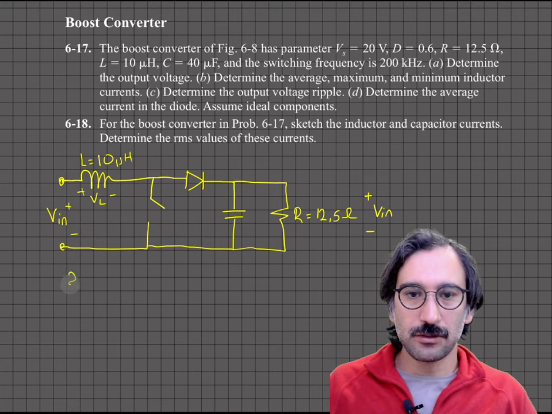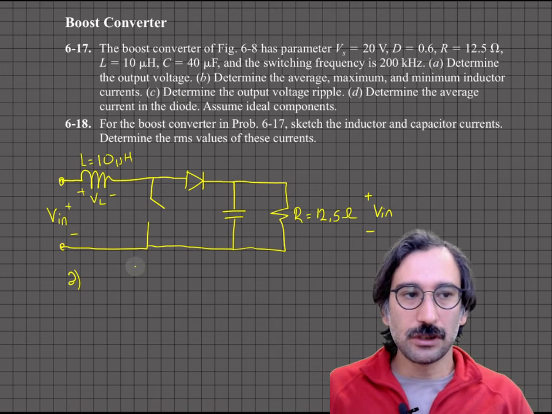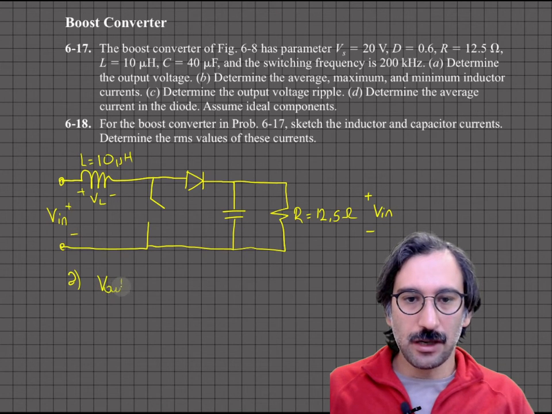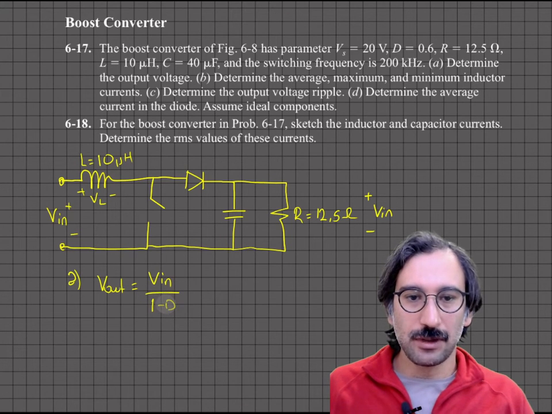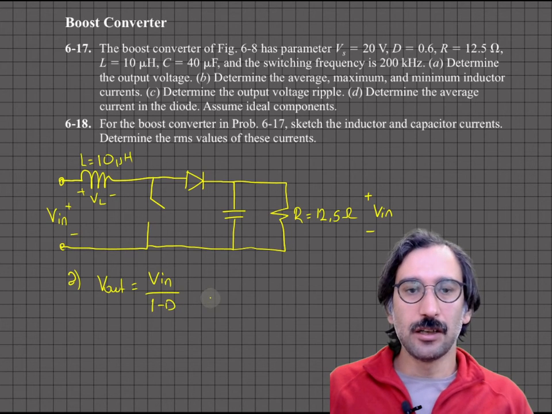Right, so the first part asks about the output voltage, and we know from the equations, and again we will prove that, that V out is V in divided by 1 minus D. So as D gets bigger, we will have a higher output voltage.